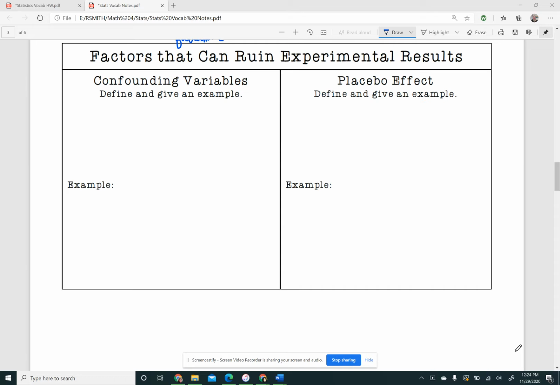Factors that can ruin experimental results. And we're going to talk about confounding variables.